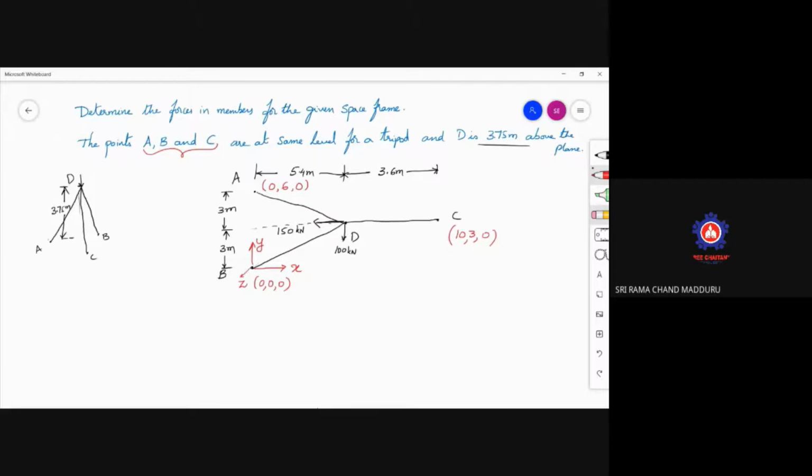Now what about the D coordinate system? At D, now see here, x-axis from here to here, the distance is 5.4, comma, y distance 3, comma, z distance D is 3.75 meters above the plane.